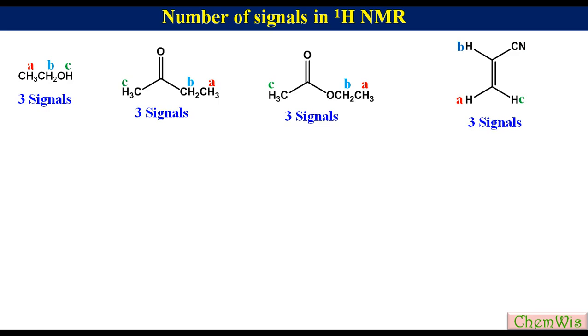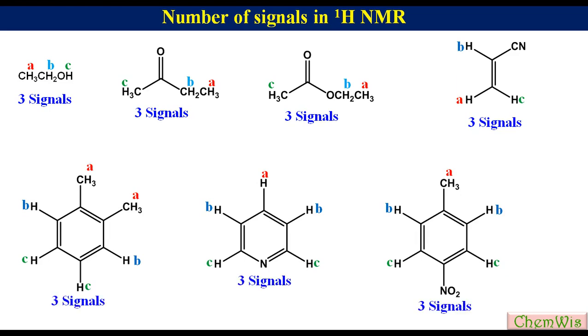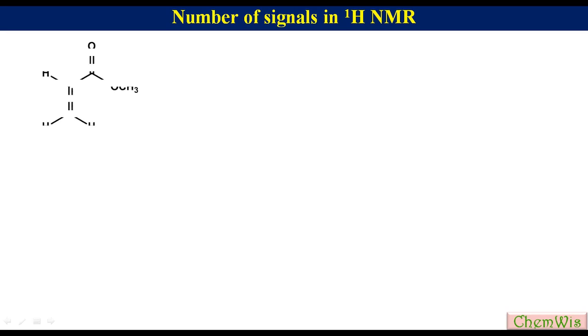Similarly, orthoxylene, pyridine and paranitrotoluene with three different sets of protons will have 3 signals in the proton NMR. Methyl acrylate. Just like acrylonitrile we have discussed, all the 3 alkenyl protons are different.